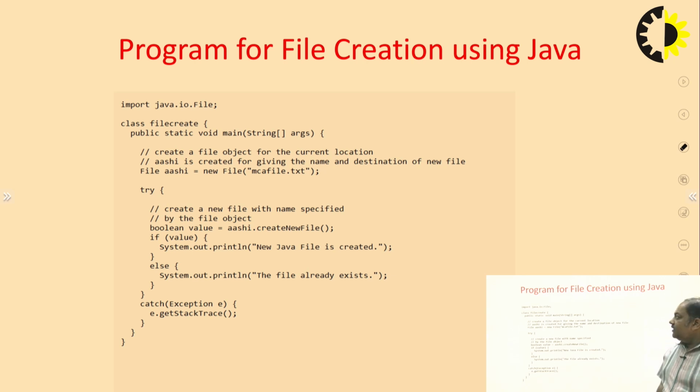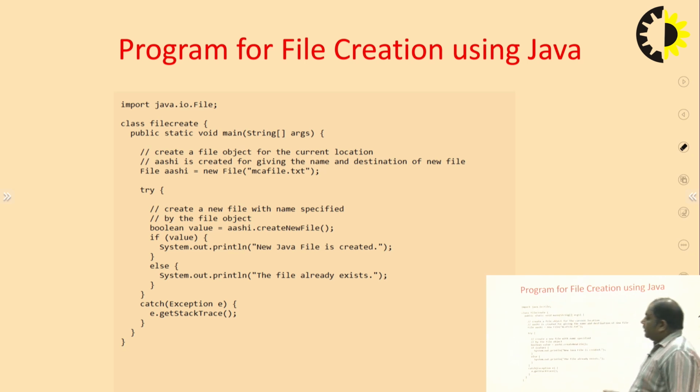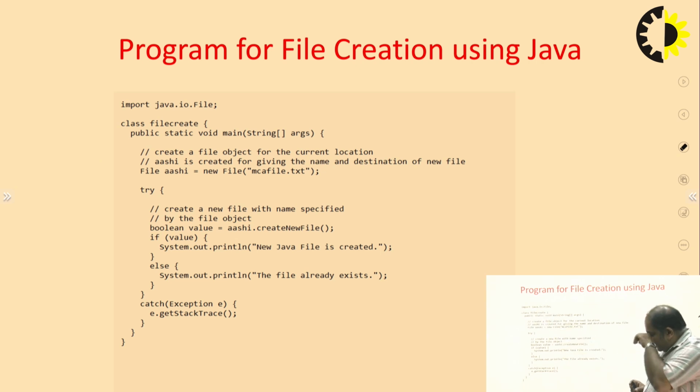Now I will discuss the program for file creation. In file creation using character stream, first we import the package which is java.io.file. Then we give a name to a class, which I have given as file create.